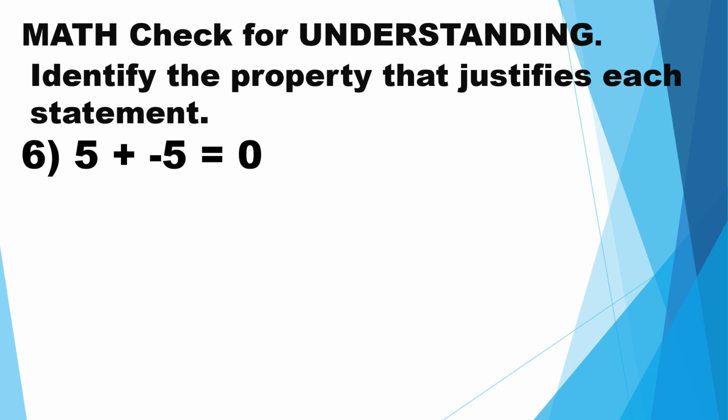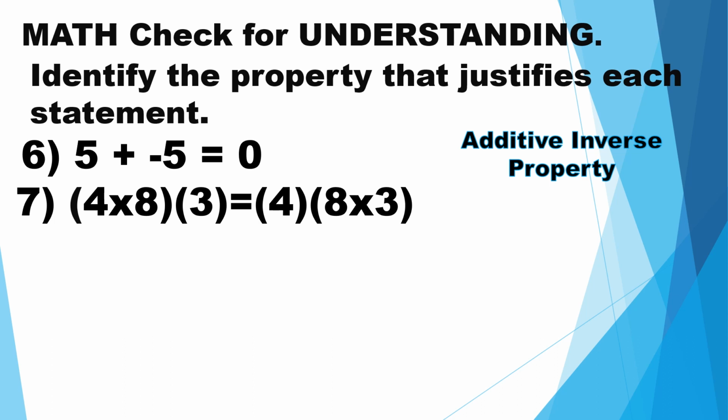Number 6, positive 5 plus negative 5 is equal to 0. That is additive inverse property. Number 7, the quantity of 4 times 8 times 3 is equal to 4 times the quantity of 8 times 3.